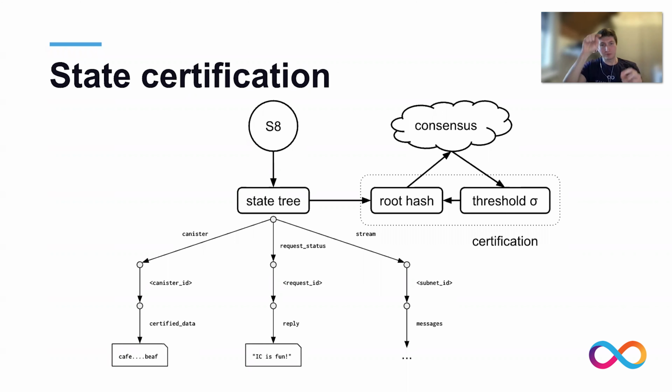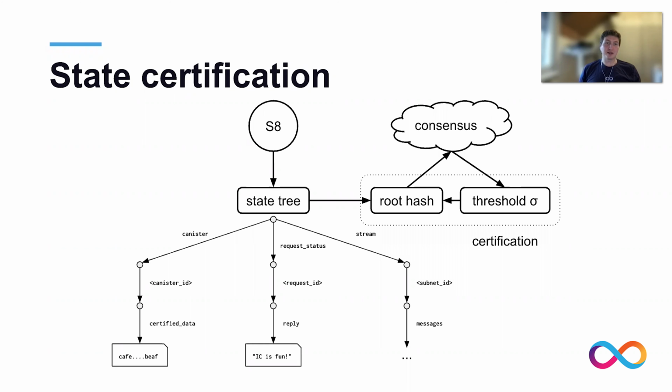The root is basically the root object, and then every edge is a field in the main object, and fields are always mapped to either blobs or other objects.